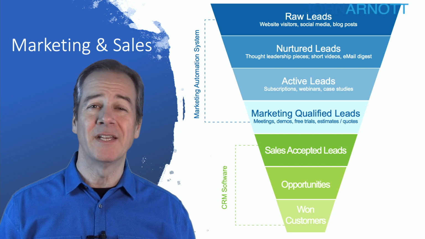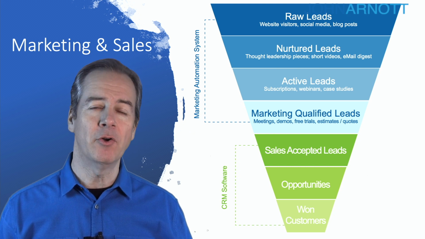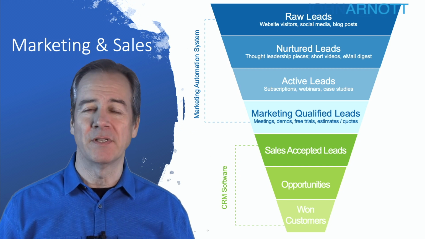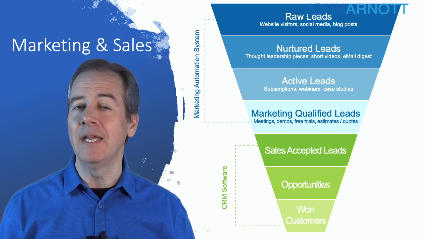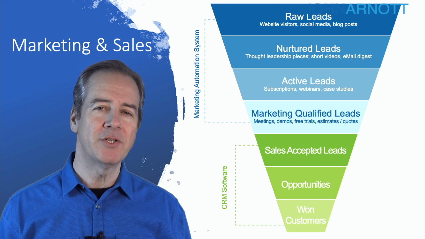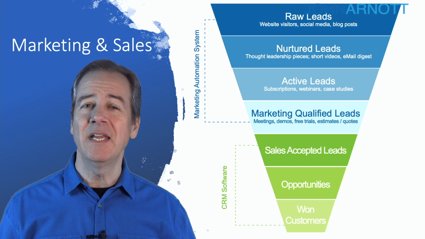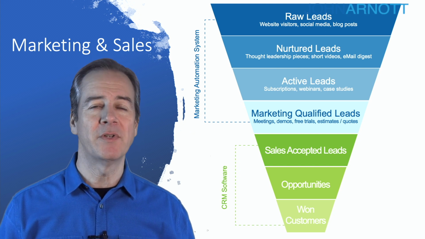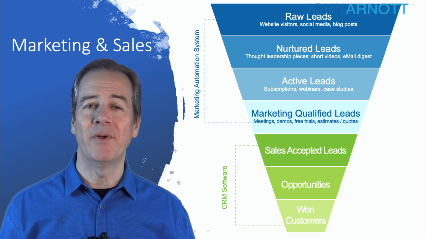Marketing automation is the software that keeps your brand in front of your prospects for different reasons. And they run campaigns, typically email campaigns. They can be social media campaigns. But this marketing automation system is sending out material on behalf of your company and measuring the results. They might send an email, measure the open rate.